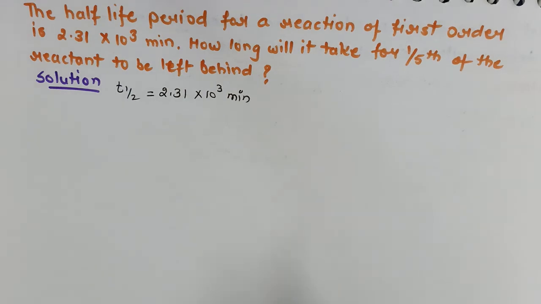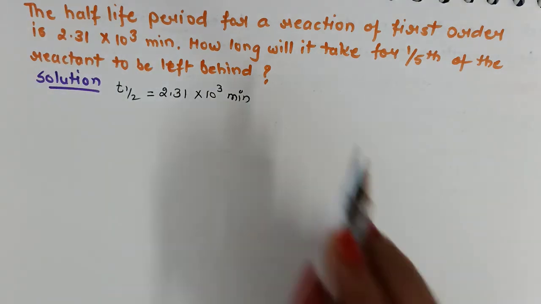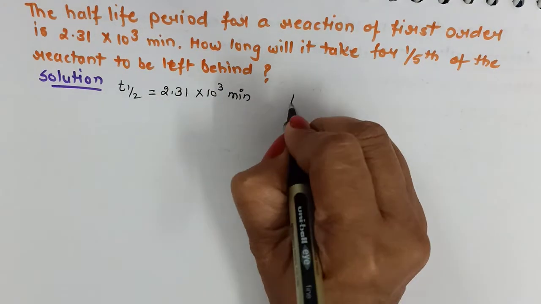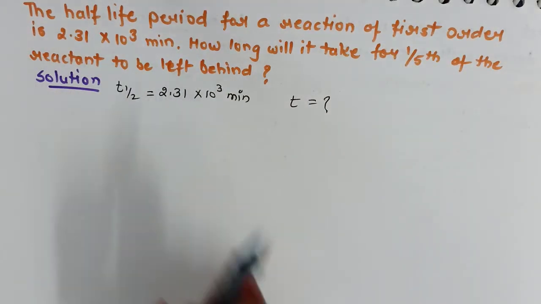Next numerical. The half-life period for a reaction of first order is 2.31 into 10 to power 3 minutes. How long will it take for 1/5 of the reactant to be left behind? In this numerical, it is not giving a clear statement regarding how much is completed, how much is decomposed, or how much is left out.